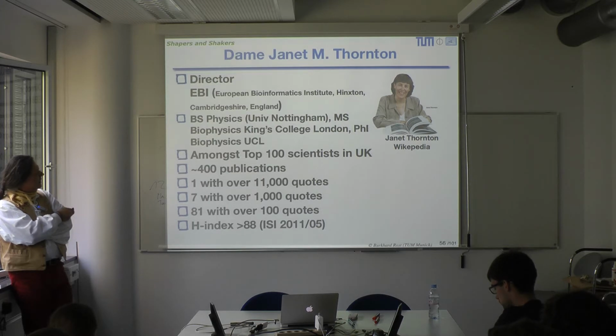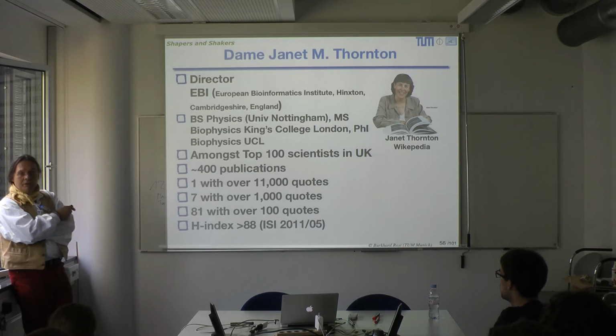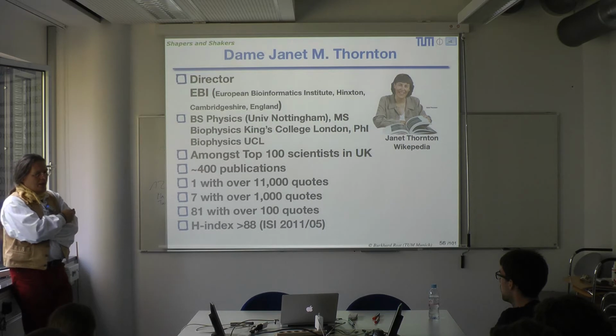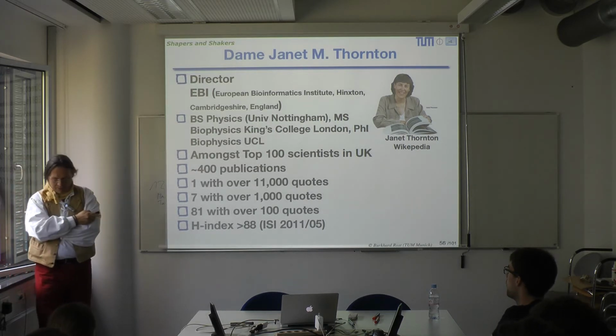Over 400 publications, 1 with over 11,000 citations, 7 with over 1,000, 81 with over 100, H index of 88, a giant in the field. Which, by the way, you don't often see directors having a record like that. Janet Thornton will leave the EBI next year.